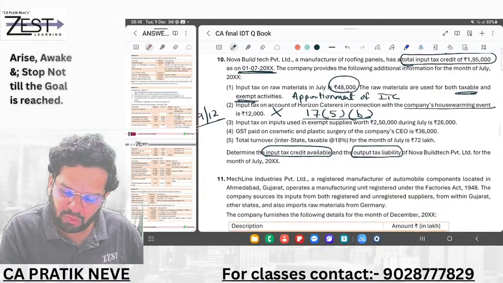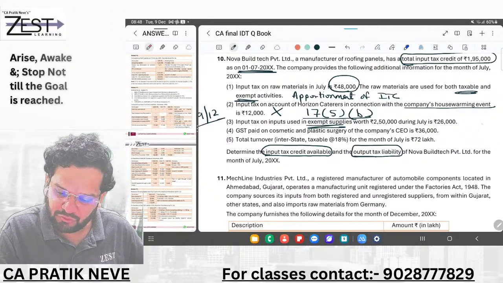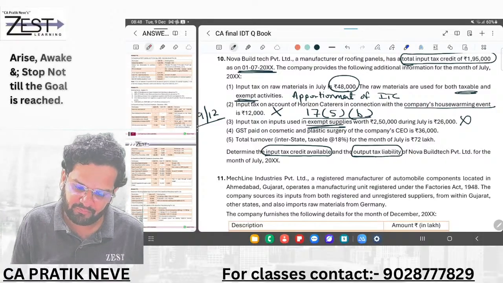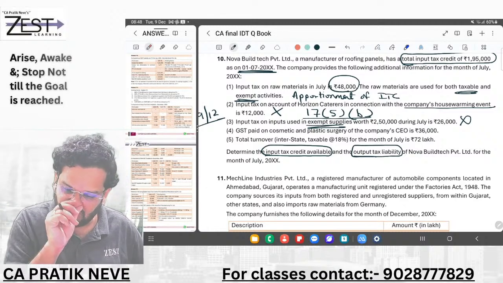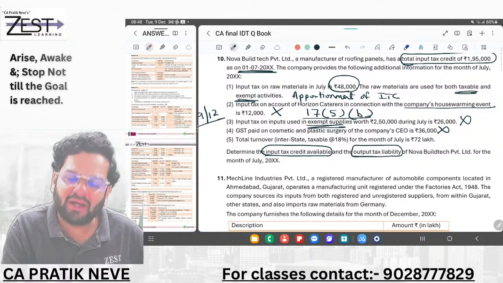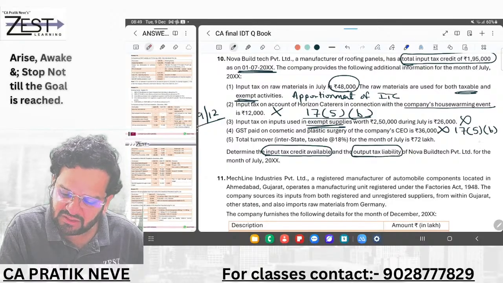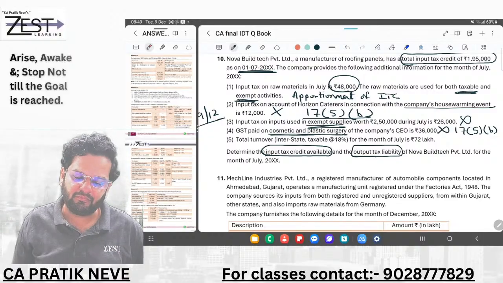Input tax on inputs used in exempt supplies worth 2,50,000 during July, but it is for exempt supplies, so ITC will not be allowed. Total GST paid on cosmetic and plastic surgery of company CEO, no ITC, friends. As per 17.5B, ITC is blocked in case of cosmetic and plastic surgery.